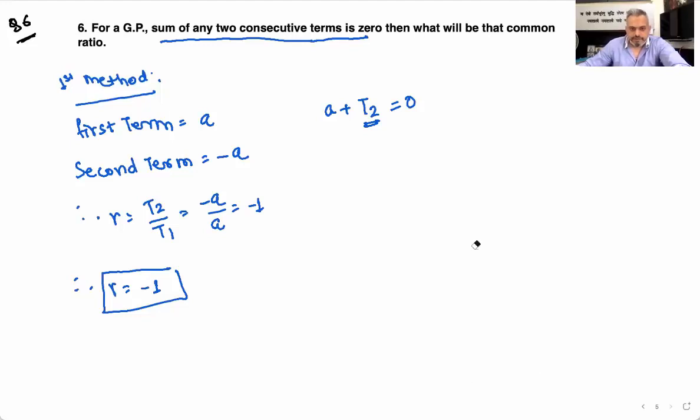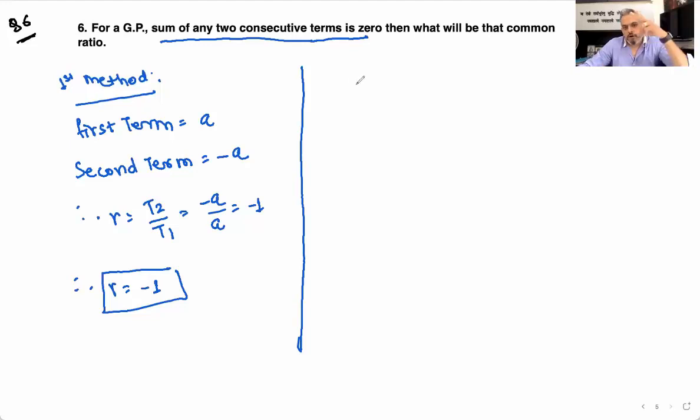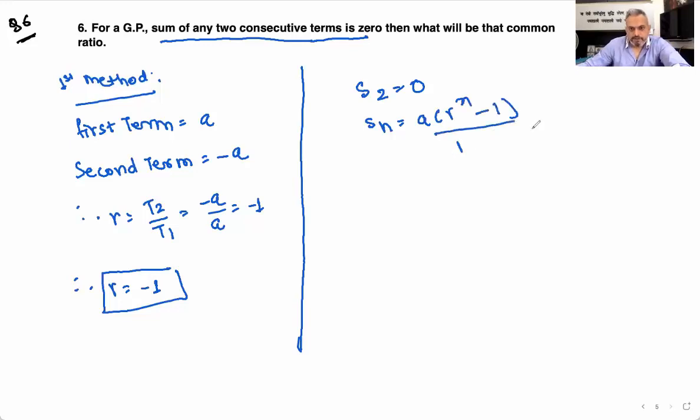Let's go to the second method. Now, the sum of two consecutive terms, so S2 is equal to 0. Sn is equal to A into R raised to n minus 1 upon R minus 1.